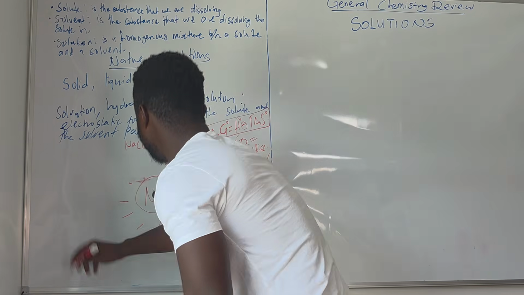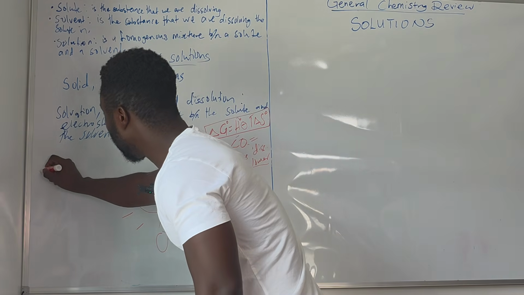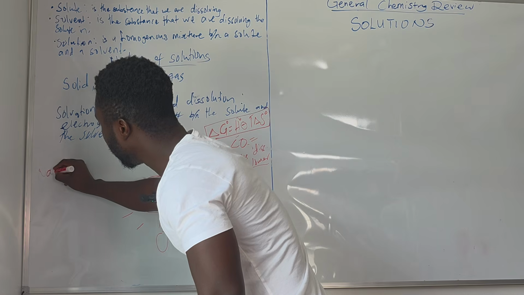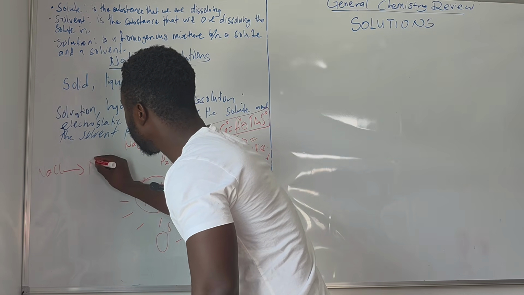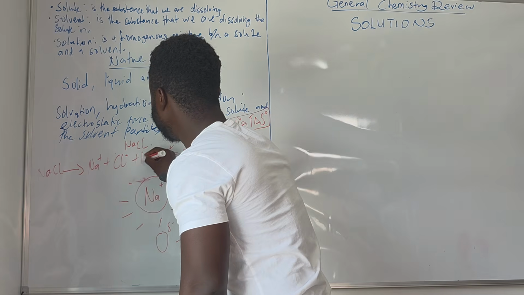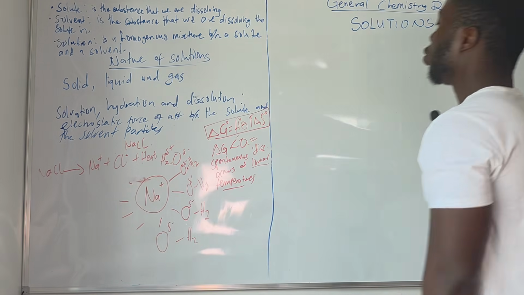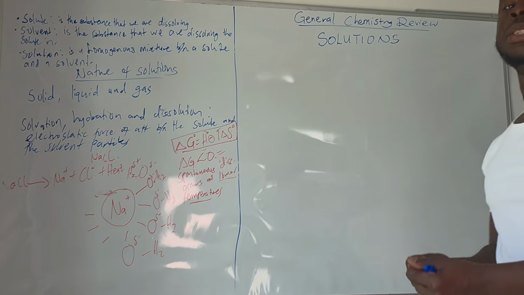So if we have that sodium chloride, like I said over here, I don't want to come here just yet. We have the sodium chloride, NaCl, dissociating to become Na+ and Cl- plus heat. That means we are giving heat into the environment, possibly.